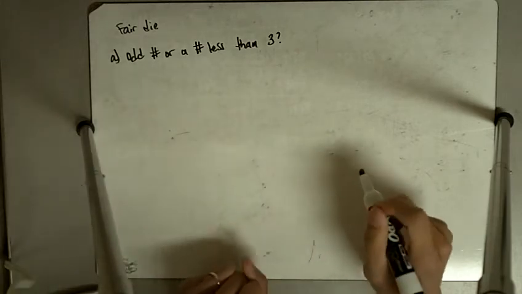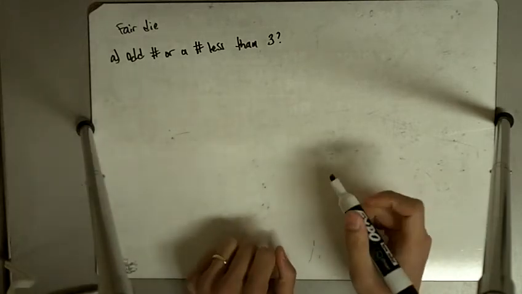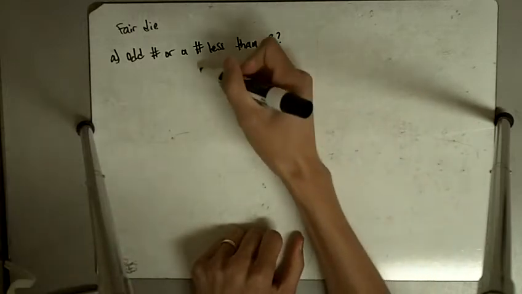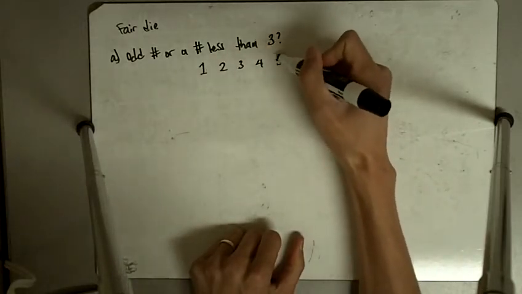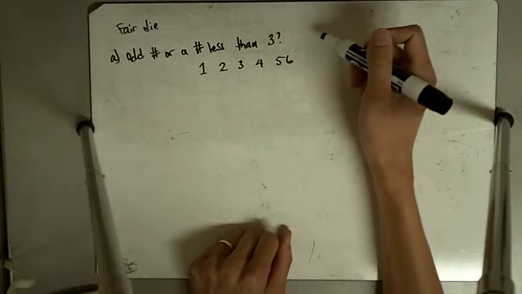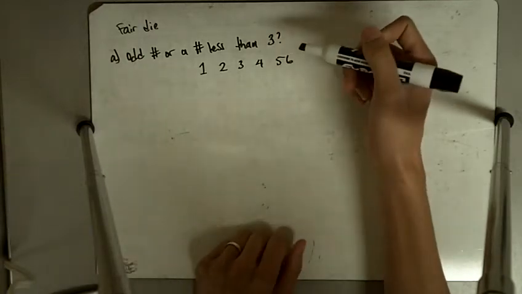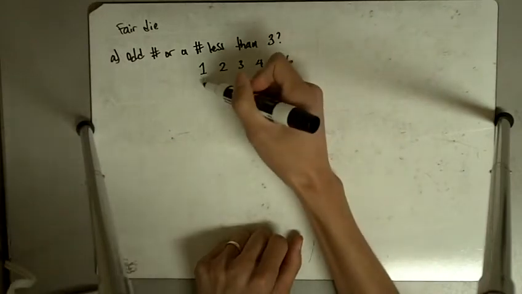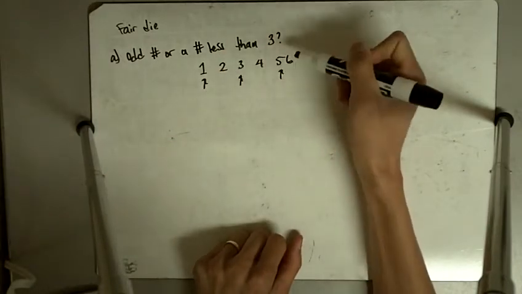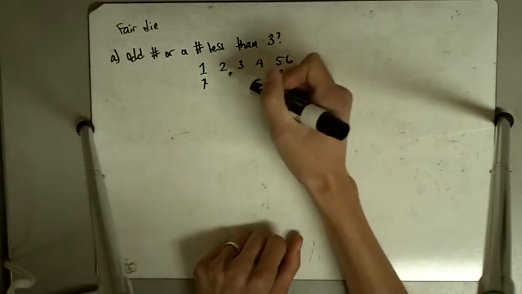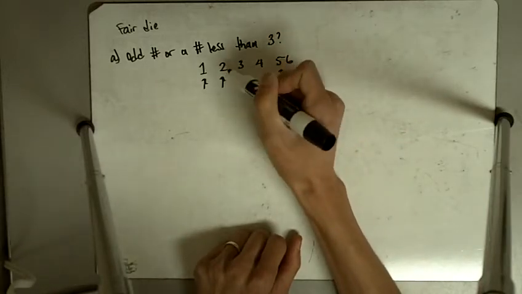One is we can list out all of the possible outcomes, and for a fair die it's not too bad because there's only 6. 1, 2, 3, 4, 5, 6, and we can see which numbers qualify as being odd or less than 3. Okay, so odd numbers are 1, 3, and 5, and numbers less than 3 also include 2.